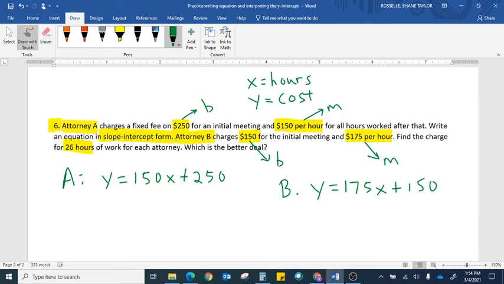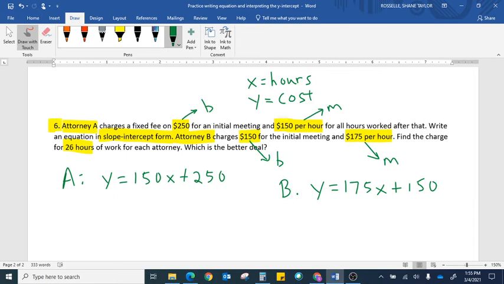So there's going to be a certain point that is going to say right off the bat it's going to be cheaper to go with attorney B if it's just a couple hours, 1 hour, 0 hours, right? It's going to be cheaper to go with attorney B because it's only $150 to start off. But then there's going to be a certain point where it's going to be cheaper to go with attorney A, and that's what we're going to be talking about in systems of equations next, but we just want to know what it is for 26 hours, which one's better.